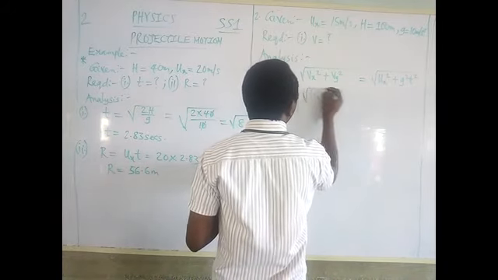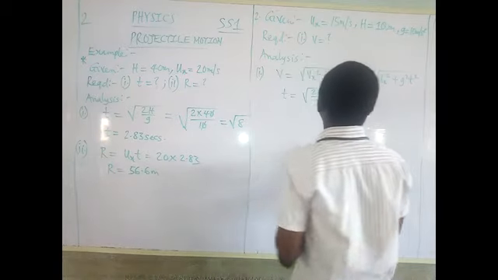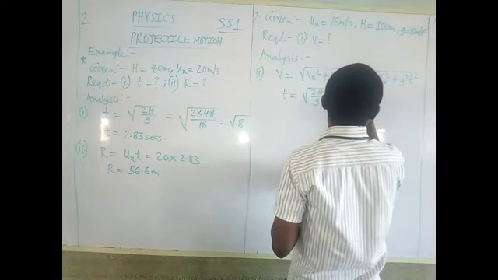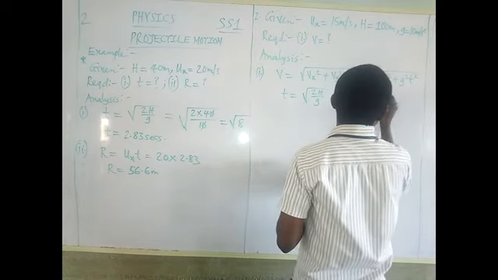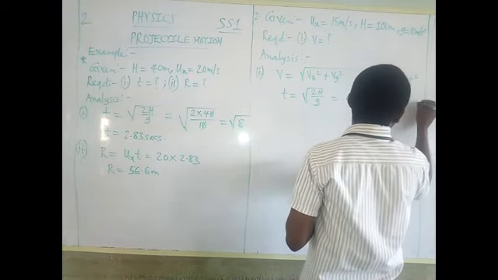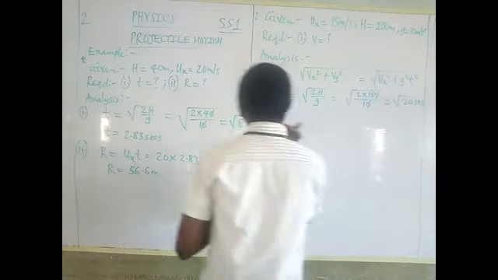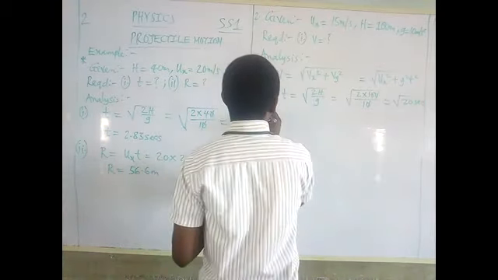And that is square root of 2h all over G. And that will give us what? Square root of 2 times 100 all over 10. 0 cancel 0, and that will be root 20 seconds. So let me leave it like that in root form.